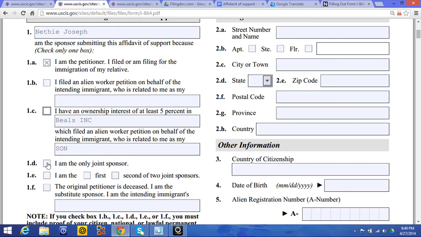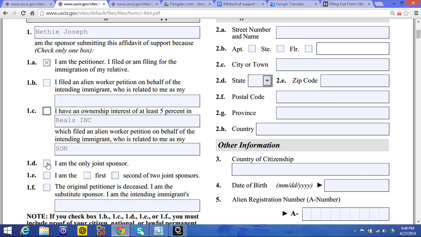But whether the petitioner uses a sponsor or not, you are still obligated to file this affidavit of support. Even though your income is not enough, you still fill out this affidavit of support, and after you're done with it, a joint sponsor will do the same, following all the steps.